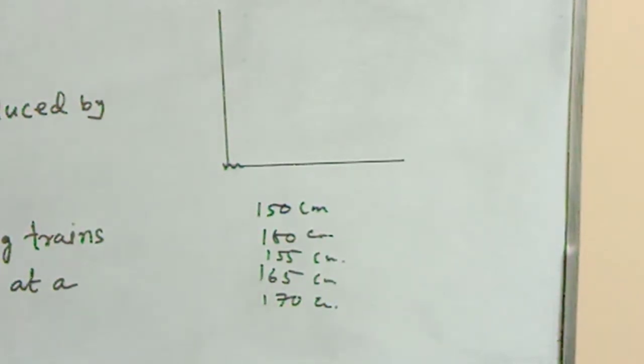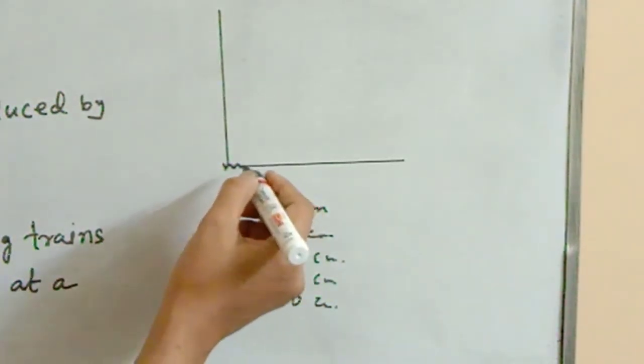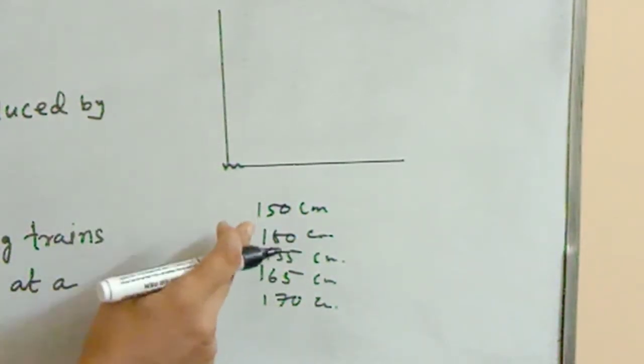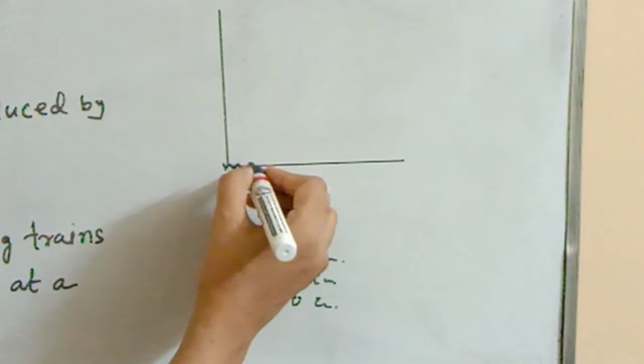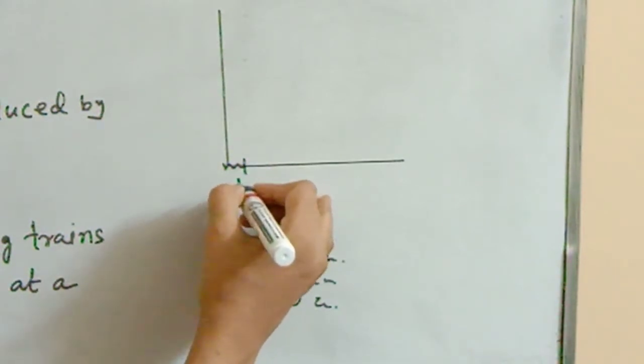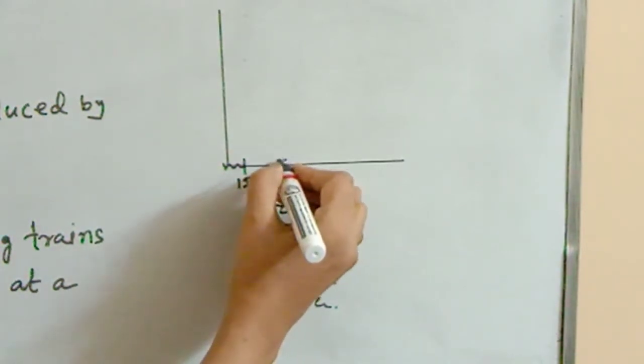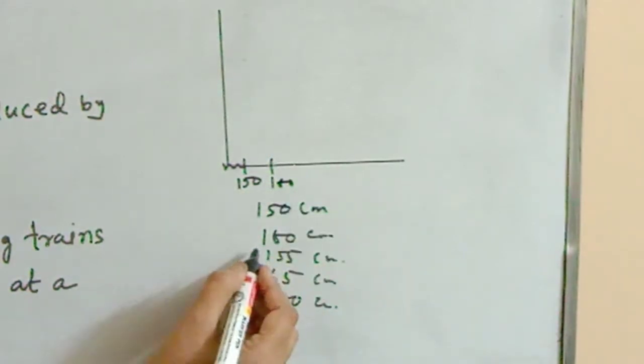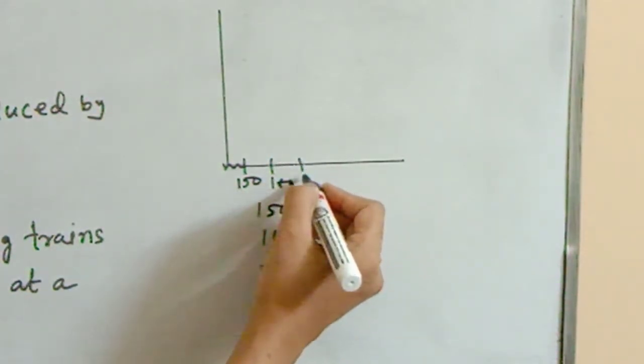So when we are going to find how many, you have to find the range. Say we are taking the range in this way, 150 to 160, then 160 to 170, grouping the data.